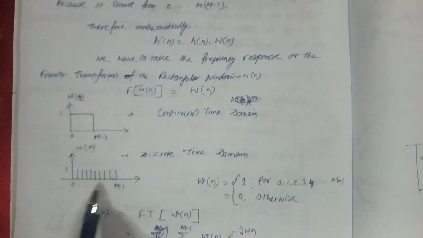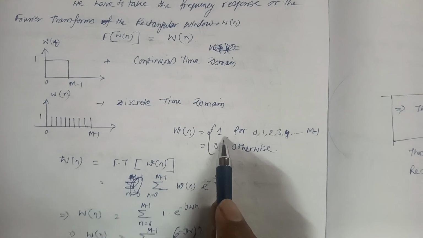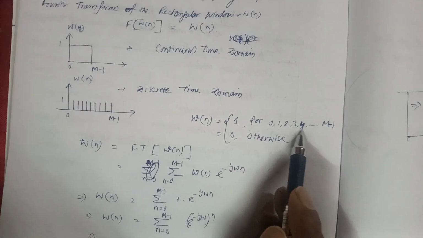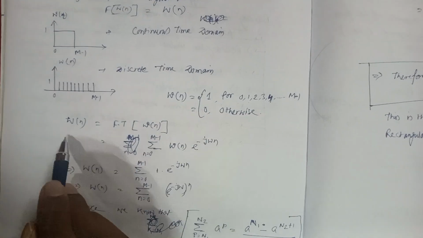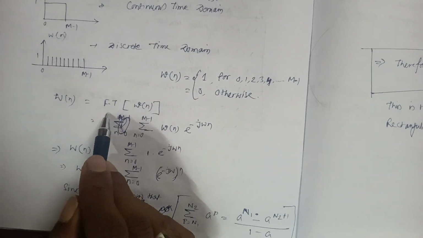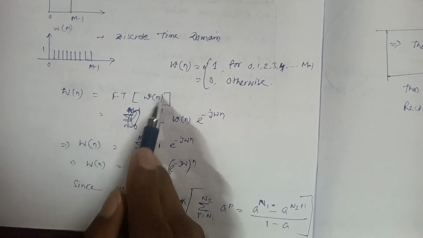So this is my causal sequence, you can say. Here I have taken w(n) equals 1 for 0, 1, 2, 3, 4, up to M minus 1, and w(n) equals 0 otherwise.